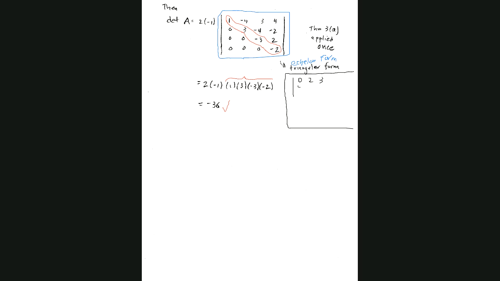What if our matrix were 0, 2, 3, 0, 5, 6, and 0, 1, 4? Let's say we wanted to compute the determinant of this matrix here.